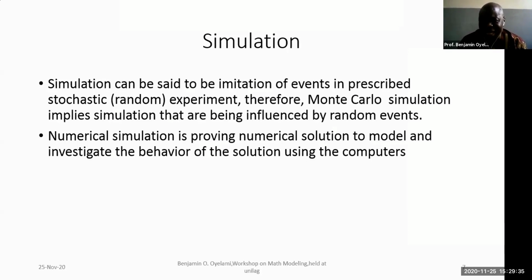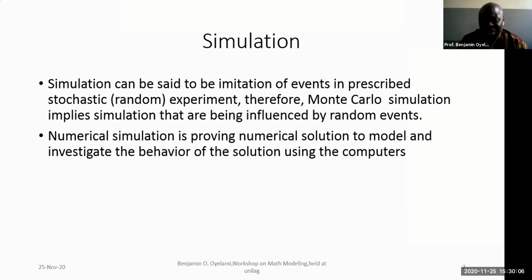So people that are using machine learning algorithms, what they are doing from a mathematics perspective is simulation. But people in computer science may have something a little bit different from the perspective of mathematics. All we know in mathematics is that simulation means application of mathematics in a computer environment.